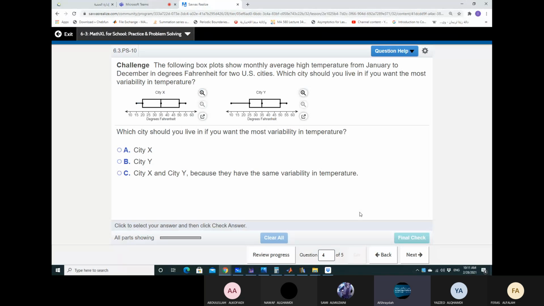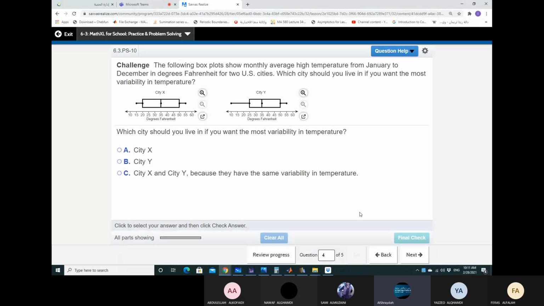in city X is about 50 minus 20, 30, and in city Y it's 50 minus 25, 25, which means that the width of the box in city X is greater than the width of the box in city Y. So I can say that here, to answer this question, which city should you live in if you want the most variability in temperature?